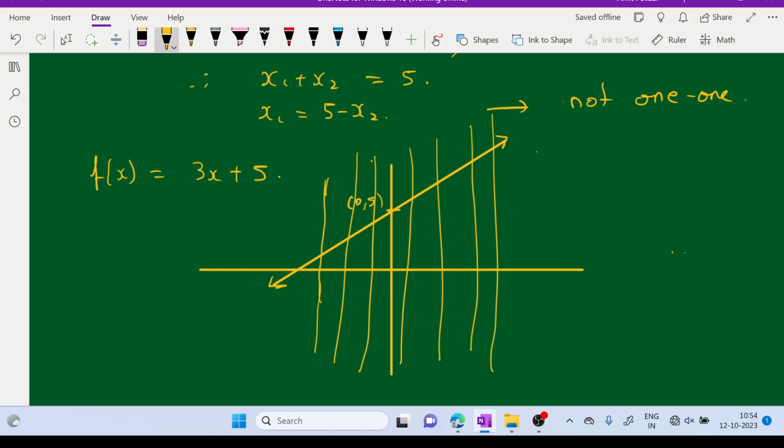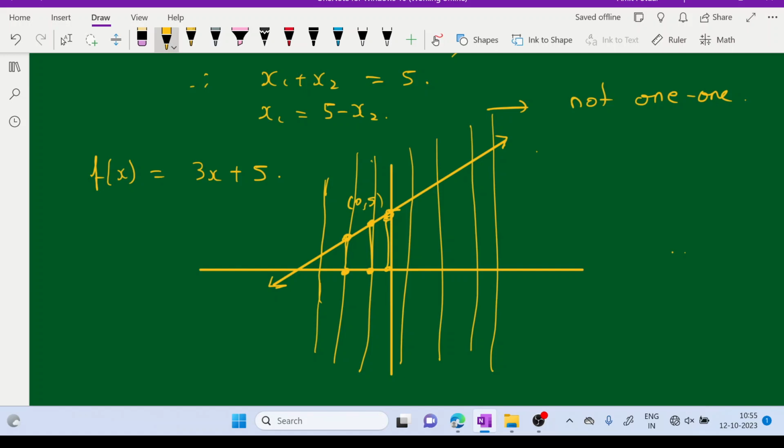All these vertical lines intersect the graph in only one point. And if they intersect in only one point, that means it's a 1-1 function. Meaning every x has only one value. There is no other x which has the same value. That's what it means. So in this case, you can know it from the graph whether the function is 1-1 or not.